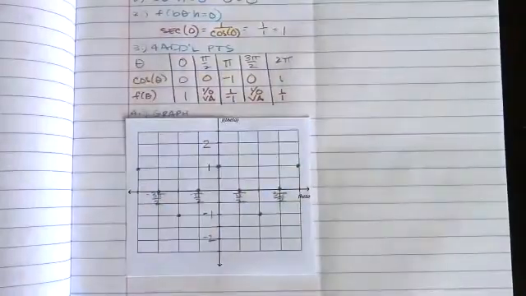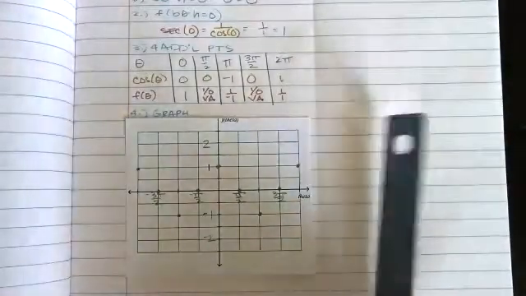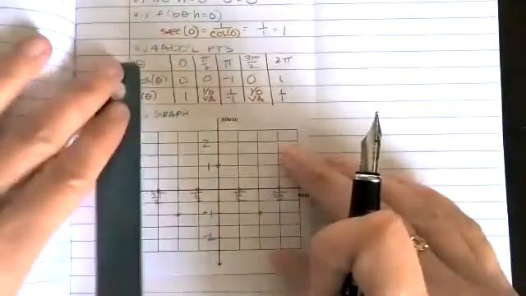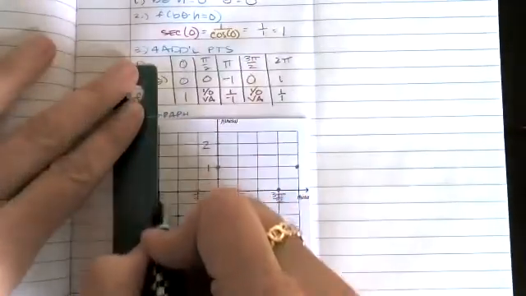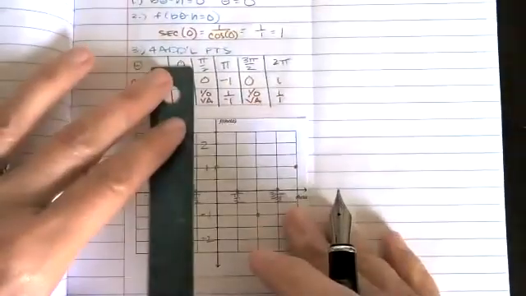And notice anywhere that I have a point on the horizontal axis, that will be our vertical asymptote, right? So we have one here. And we'll have one here.